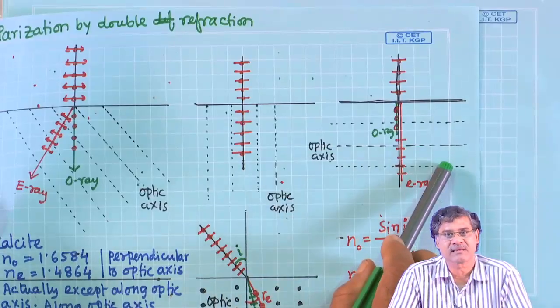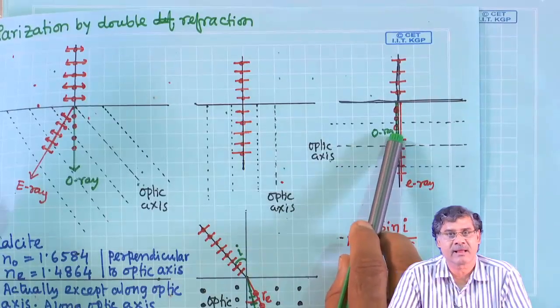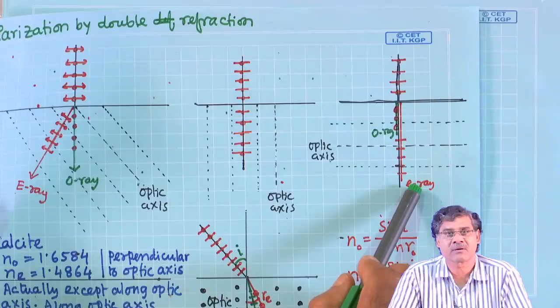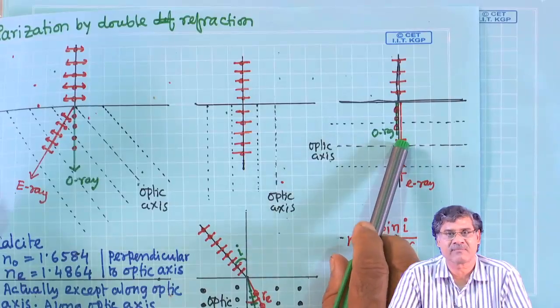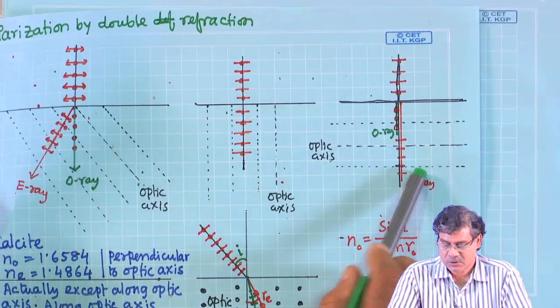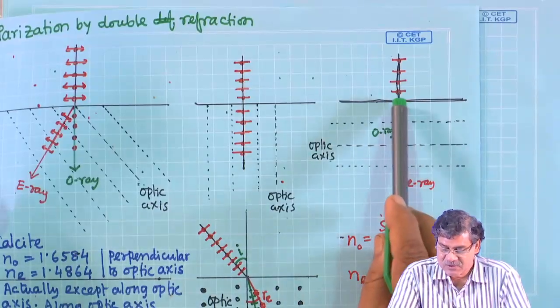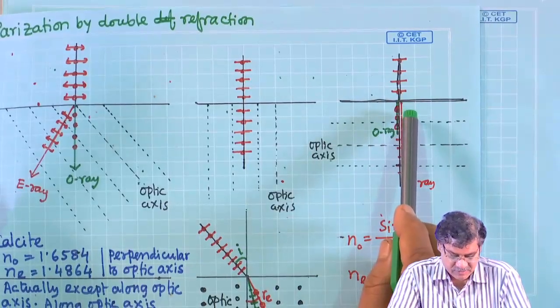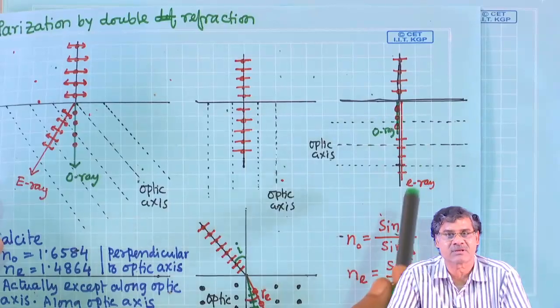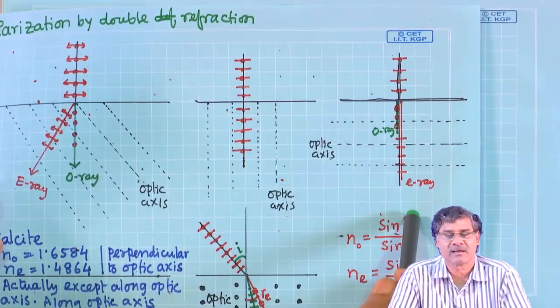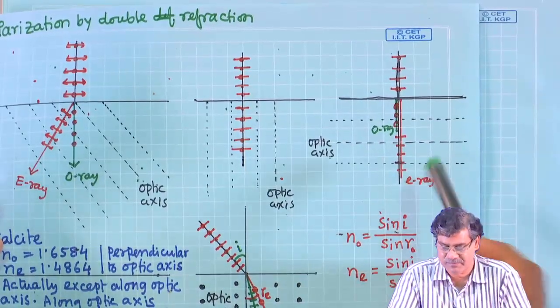Perpendicular to the optics axis, the velocities for the E ray and O ray are not the same. So they are different, their refractive indices are different. In this situation, the velocity of the O ray is less than the velocity of the E ray in calcite crystal. In quartz crystal it will be the opposite.